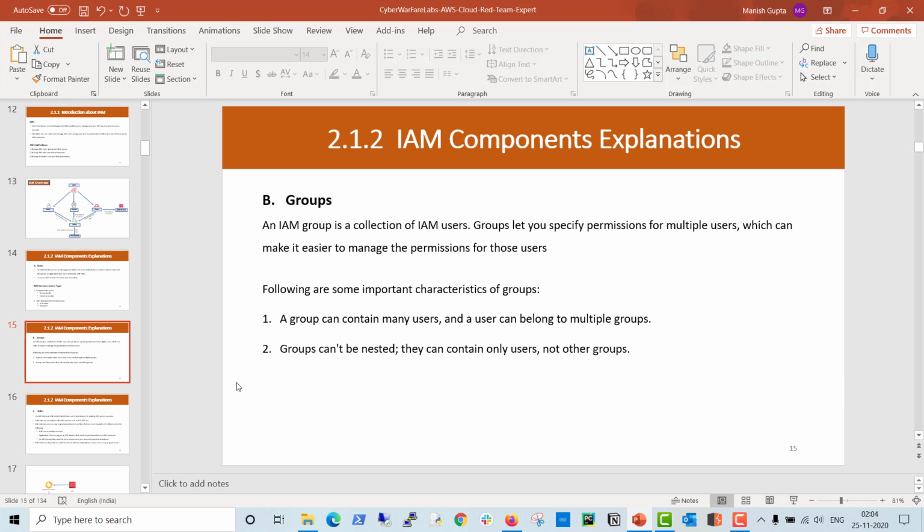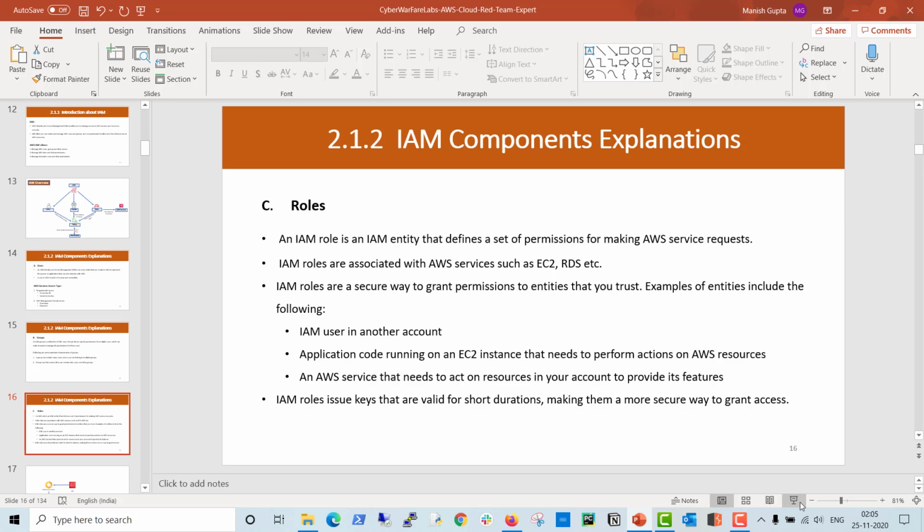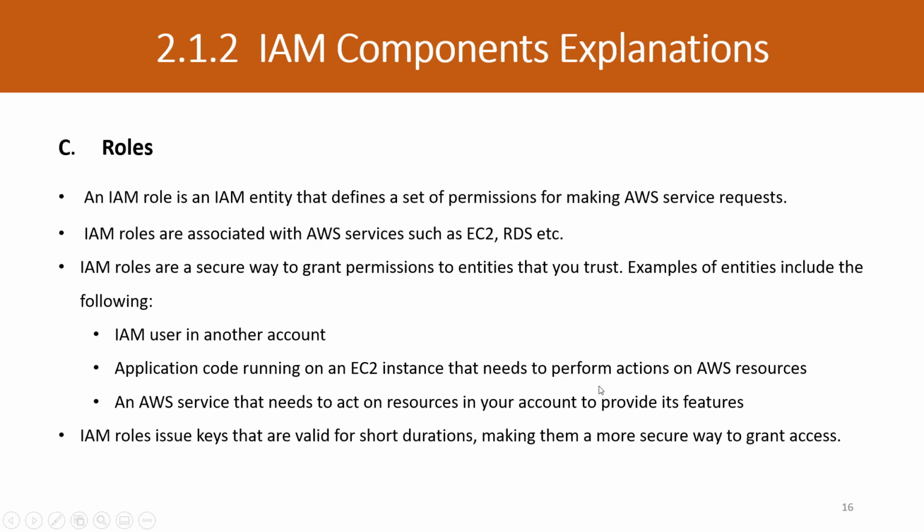Okay, so now we are going to discuss roles. What is a role? Basically a role is an IAM entity that defines a set of permissions for making AWS service requests. Suppose I discussed users, I discussed groups. There may be AWS services like EC2 or S3 or RDS, the services which are there in the AWS environment.